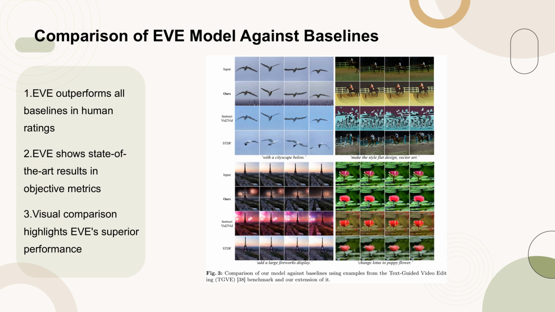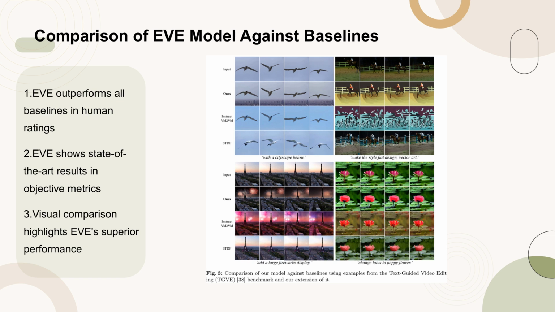Figure 3 presents a visual comparison of our Emu Video Edit, EVE, model against several baseline models using examples from the Text-Guided Video Editing (TGVE) benchmark and its extension. The comparison showcases EVE's superior performance in terms of both objective metrics and subjective human ratings.